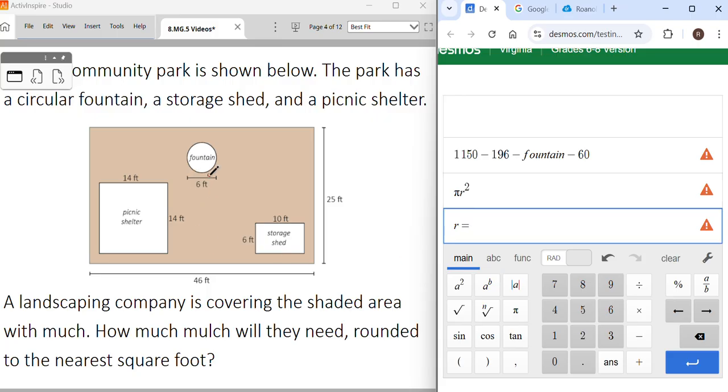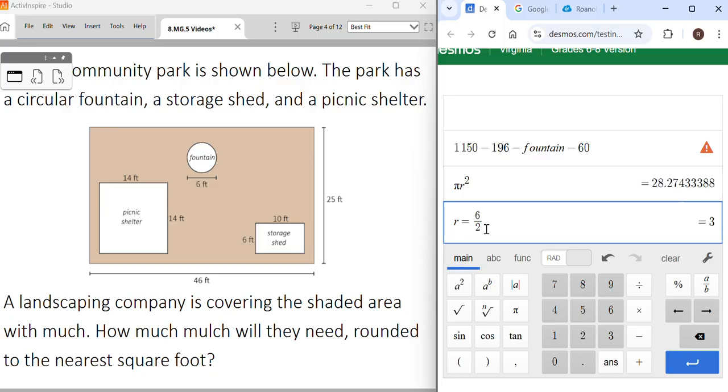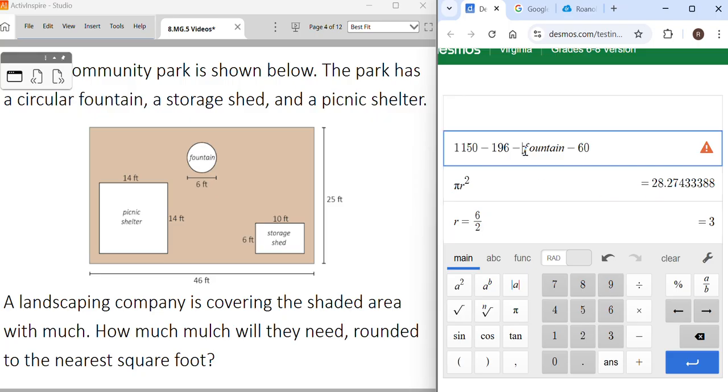If you look at the diagram, it says from one side of the fountain all the way to the other is 6 feet. That's a diameter. So to make it a radius, we will divide by 2. So the area of my circular fountain is 28. So let's go ahead and replace the word fountain with 28.